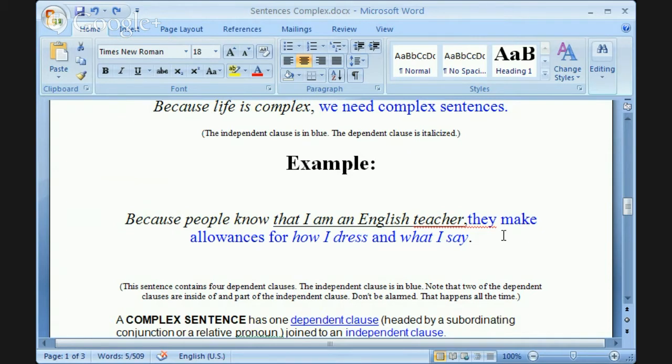Essentially, if I'm trying to comprehend this information, you know what I do? I get rid of all of the dependent clauses. I recognize what is the true sentence, what is the true independent clause, what is the simple sentence. They make allowances. Guess what? That is the only essential information in this entire sentence for understanding, for comprehension in reading.